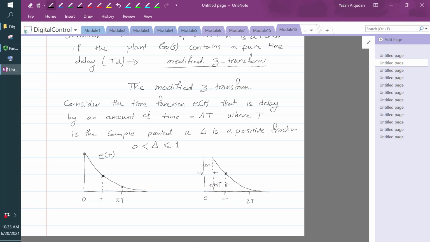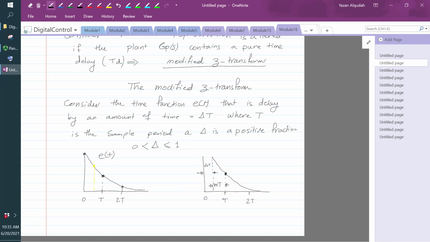You're going to notice that the value I take at T seconds corresponds to whatever value the signal has here at m multiplied by T. Actually, just to make it easier to understand, let me copy the other one and shift it.